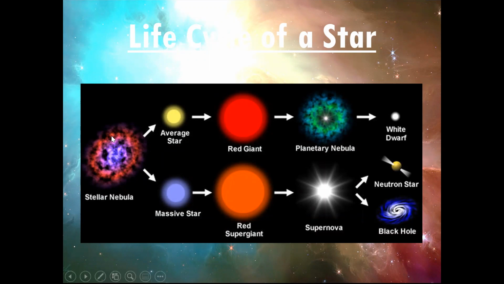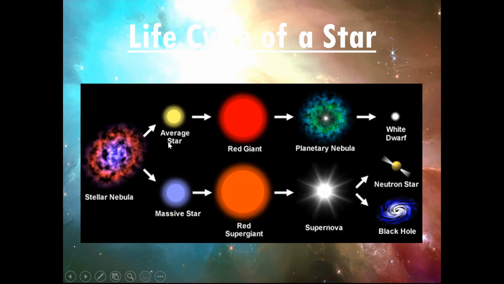It's basically what all of these clouds look like. We've got an average star, and the life cycle can follow this pathway or it can follow this pathway. And it really depends on what type of nuclear fusion is taking place with the stellar nebula.